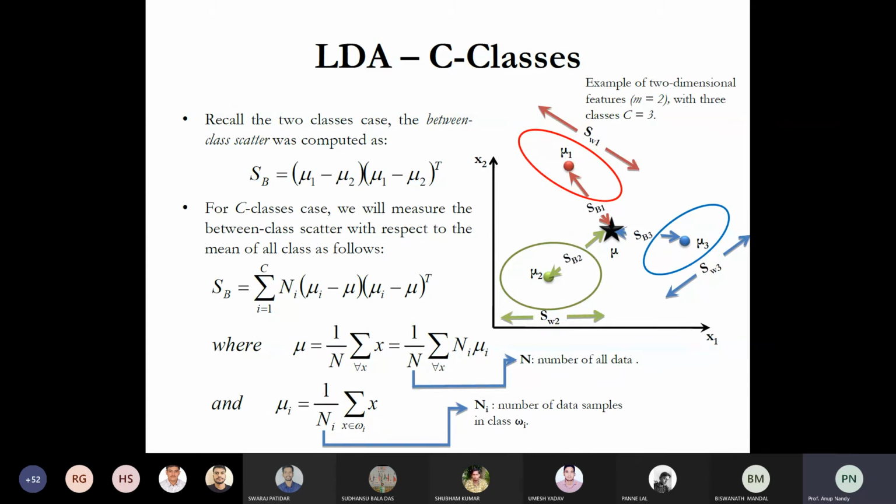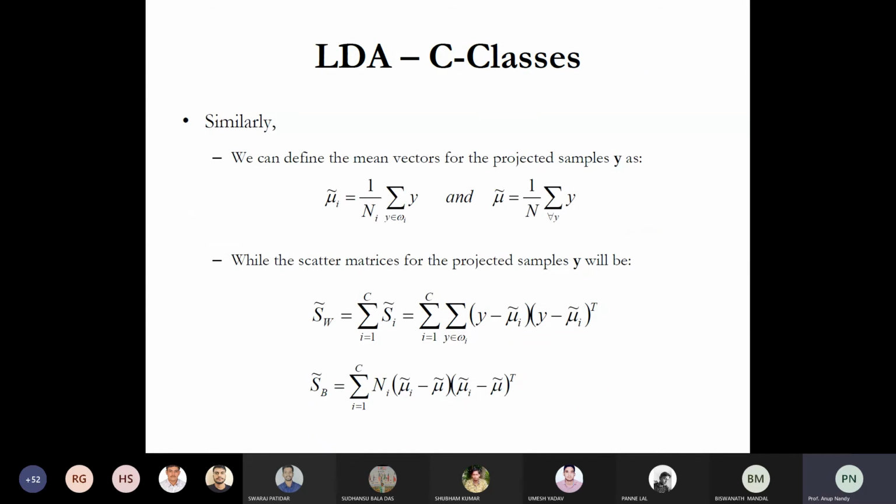This is equal to 1 by n summation of Ni into mu i, where mu i is equal to 1 by Ni, summation of x belonging to wi of x, where Ni is the number of data samples in class wi. Okay, so only these things are there, so you have to consider this capital Ni, the number of data samples from the class wi. That's it.